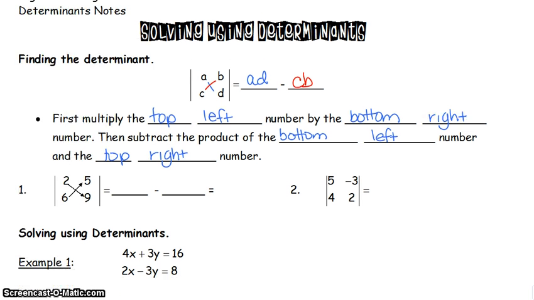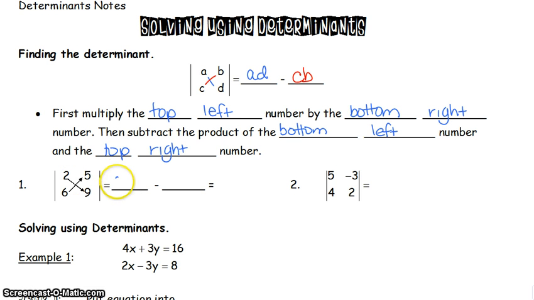So for example, we're going to have 2 times 9, and we're going to subtract 6 times 5. 2 times 9 is 18. 6 times 5 is 30, so the determinant of this matrix is a negative 12.